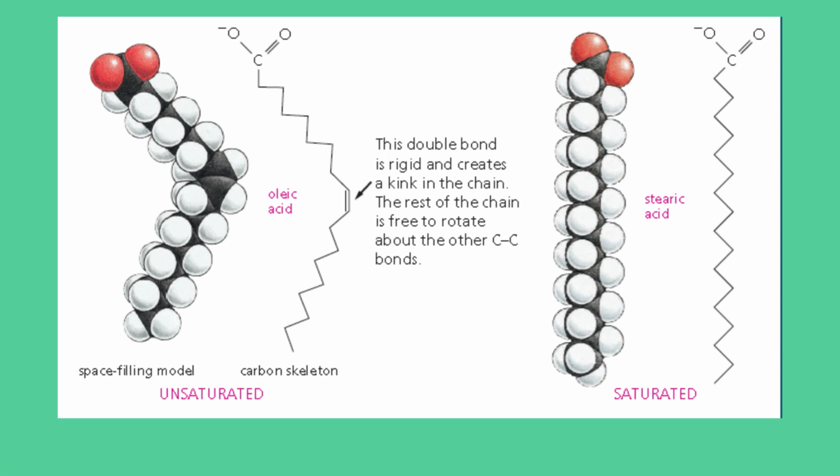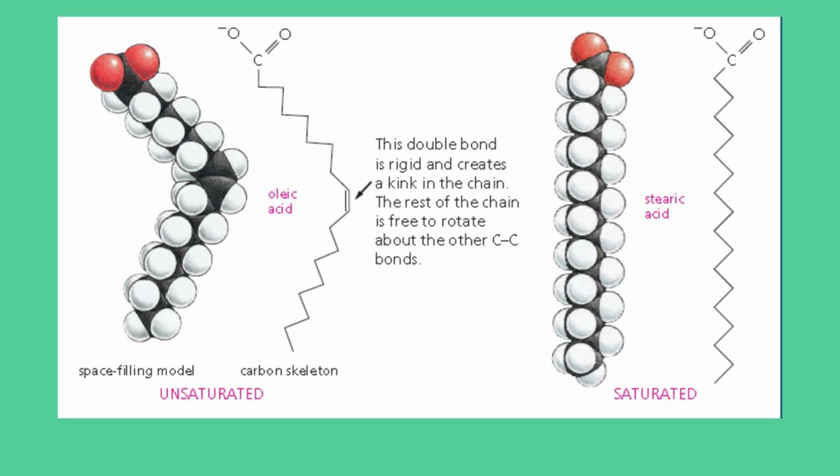Some other fatty acids, such as oleic acid, have unsaturated tails with one or more double bonds along their length. The double bond creates kinks in the hydrocarbon tails, interfering with their ability to pack together. The presence of double bonds accounts for the difference between hard and soft lipid.